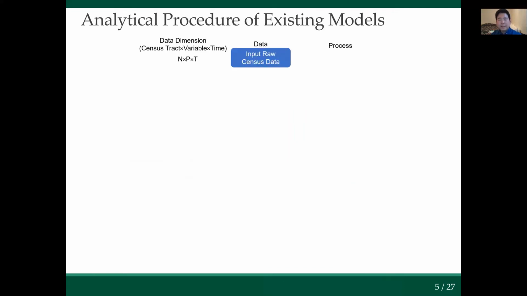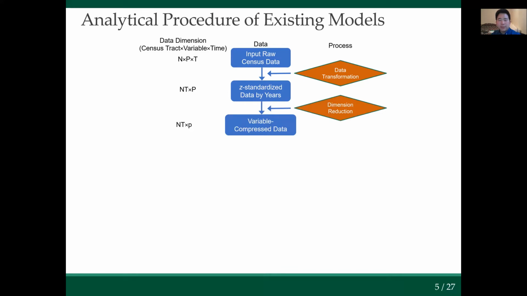This is a stylized procedure of the discrete and stepwise neighborhood trajectory models. It starts from the census panel data, which are z-score standardized across each year. Dimension reduction is done to simplify the data structure.